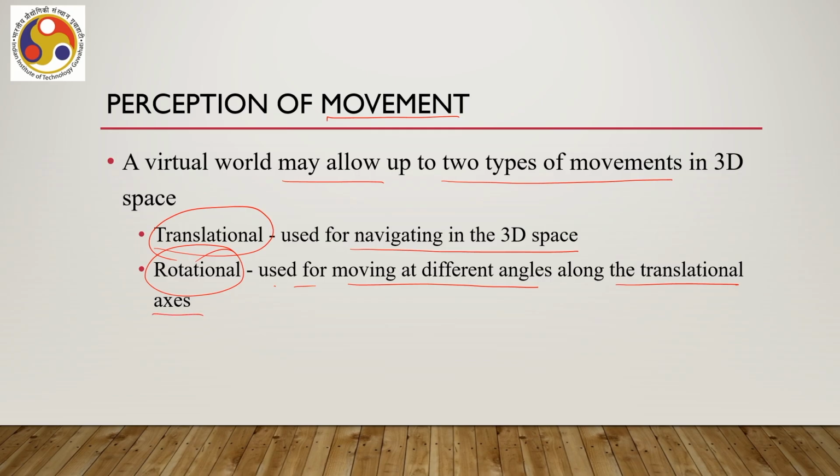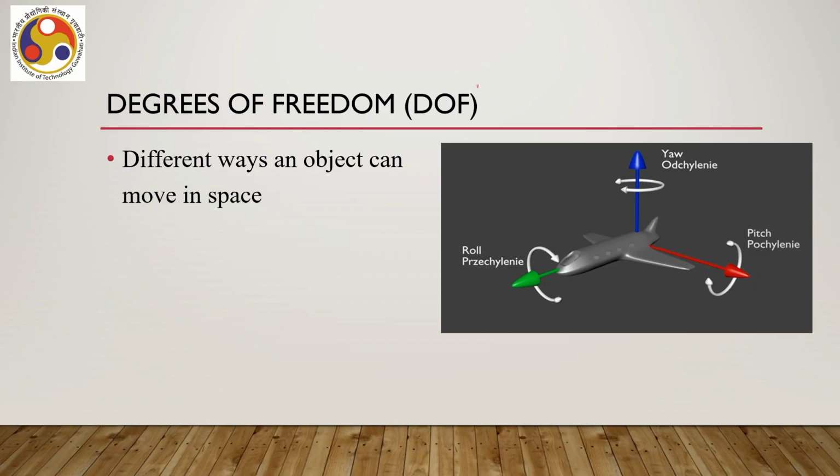So, broadly these two types of motions can be there in any virtual world, and how can we perceive them? Now, there is this concept of degrees of freedom, which is an indication of the different ways an object can move in space.